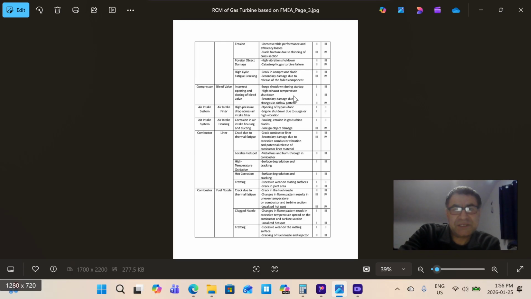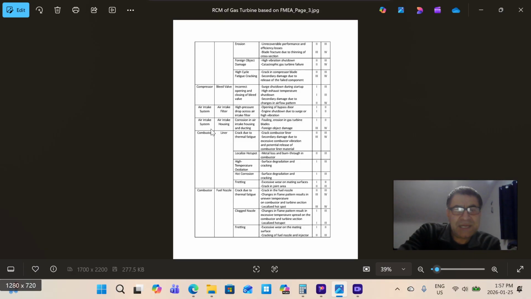All of these failure effects could have high probability, as you can see 3 and 4, if not mitigated and no PM, preventive maintenance, happens on this blade valve.